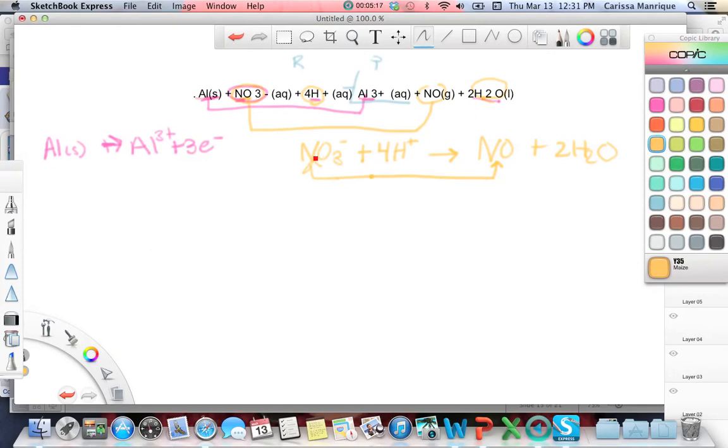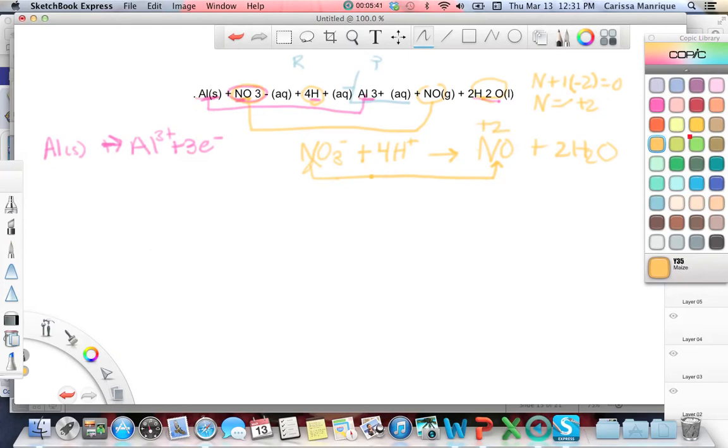So we're looking at nitrogen. Over here I have a nitrogen and 1 oxygen with an oxidation state of -2, and overall this is 0. So that means the oxidation state of nitrogen here is +2.